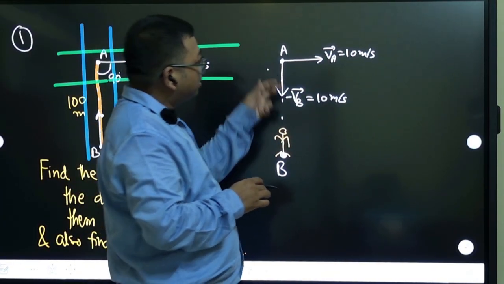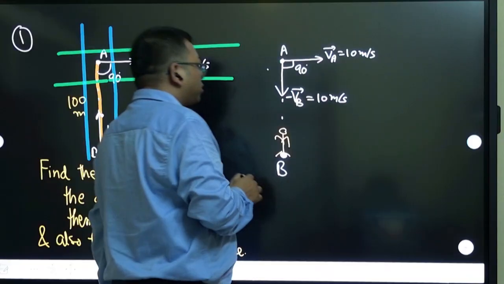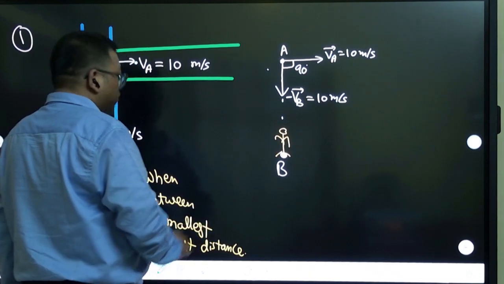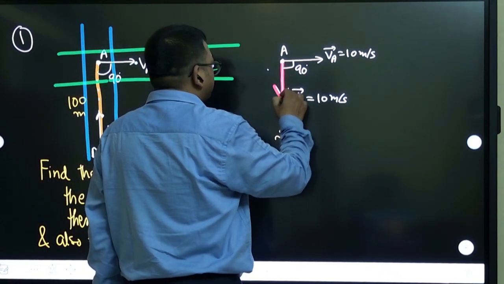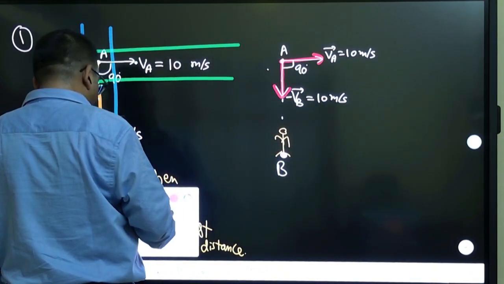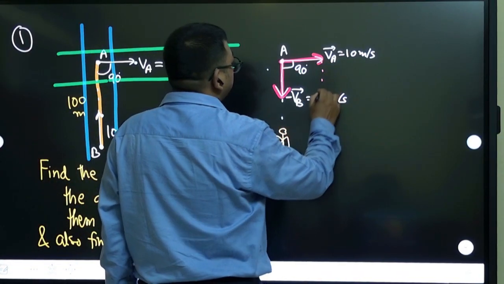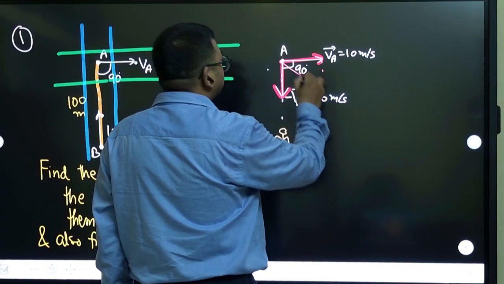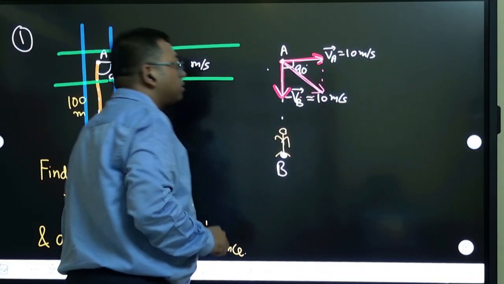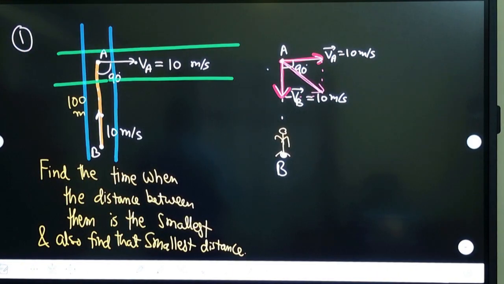Now tell me, these two are at 90 degrees, right? Tell me what is the resultant of these two. This vector is 10, this vector is also 10. Draw the parallelogram and show me which will be the resultant. This is the resultant. Tell me how much this length will be. The diagonal, how much?